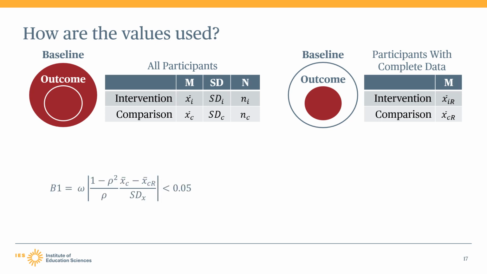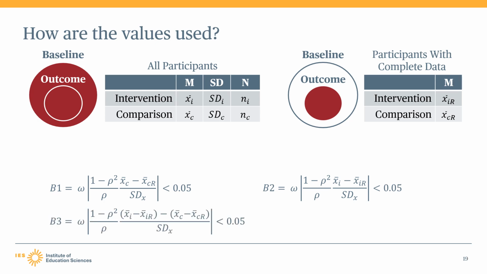The first bound is an estimate of the possible bias in the comparison group outcome mean. In this formula, and all the rest on this slide, the term that looks like a P is rho and represents the baseline outcome correlation. The second bound is an estimate of the possible bias in the intervention group outcome mean.